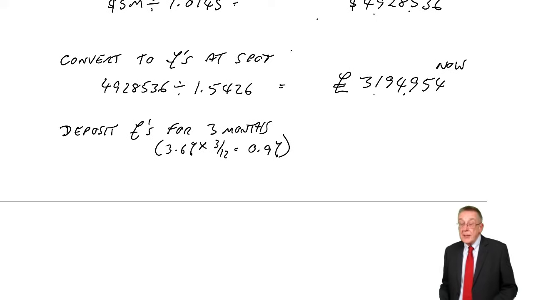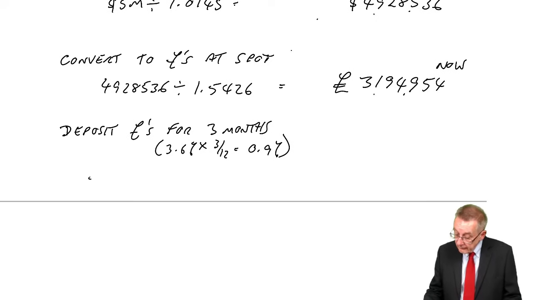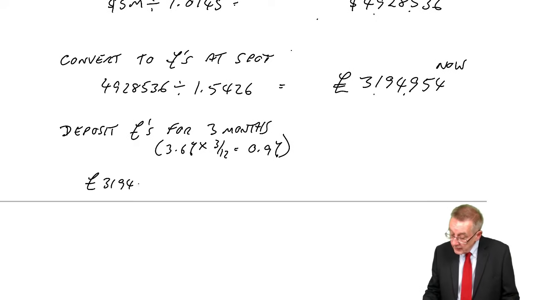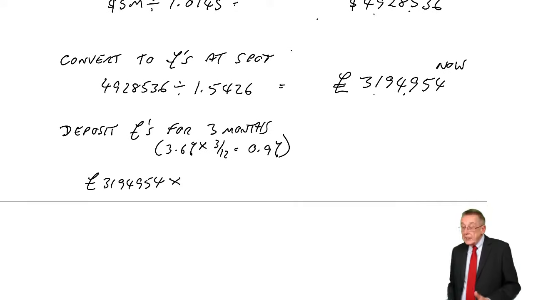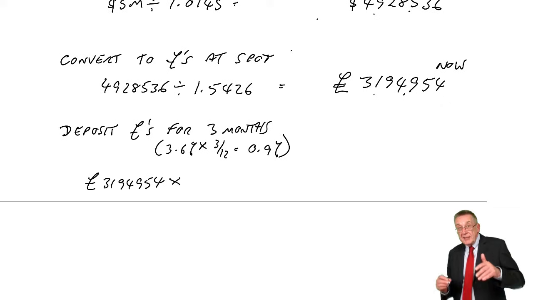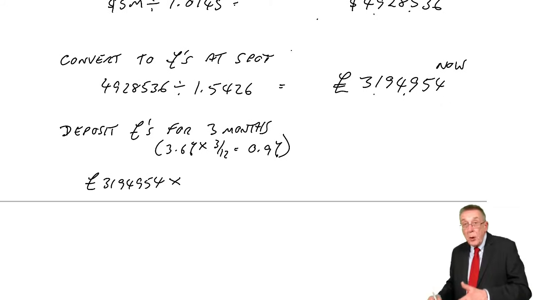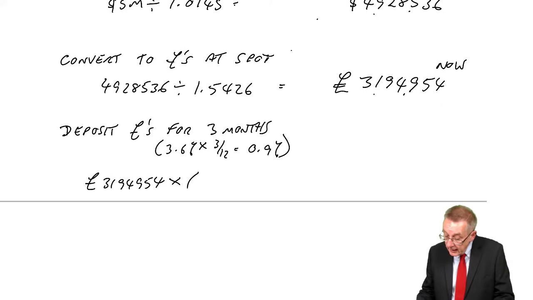So how much will our pounds have grown to? To add on 1%, you multiply by 1.01. To add on 0.9 of 1%, 1.009.